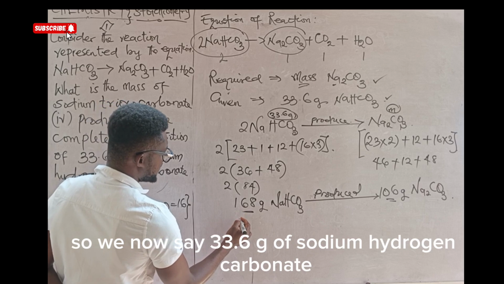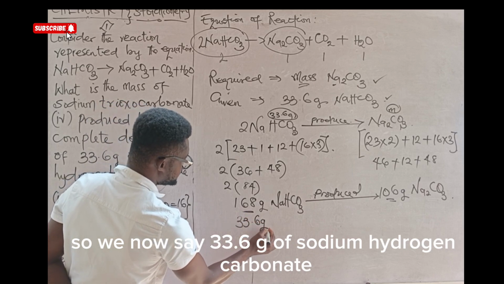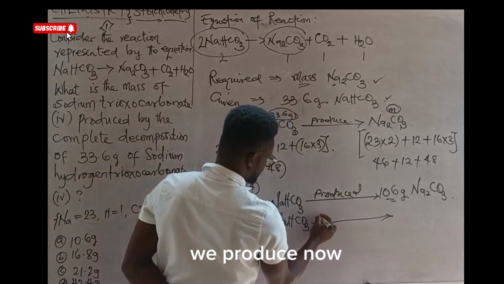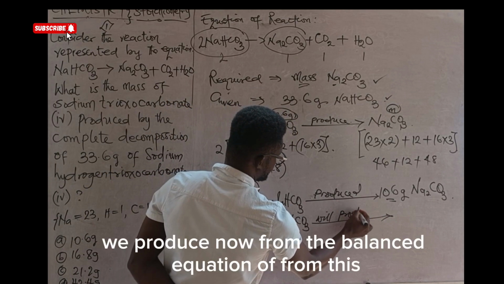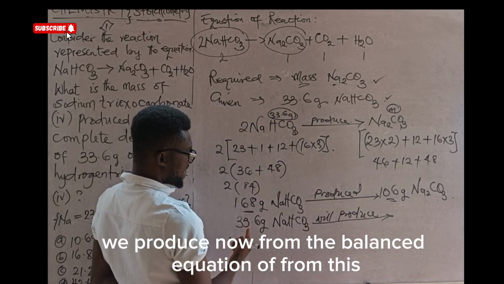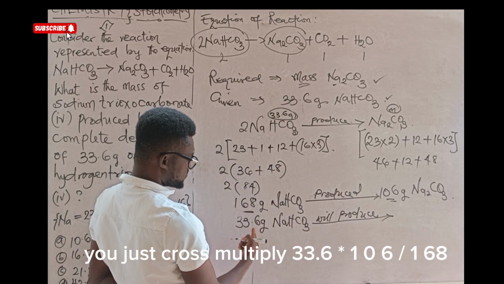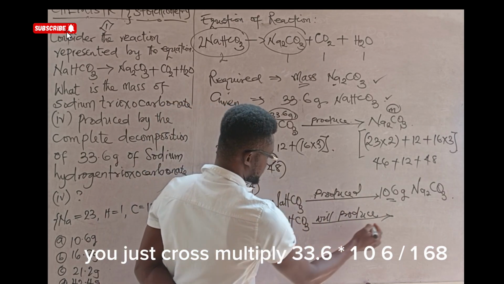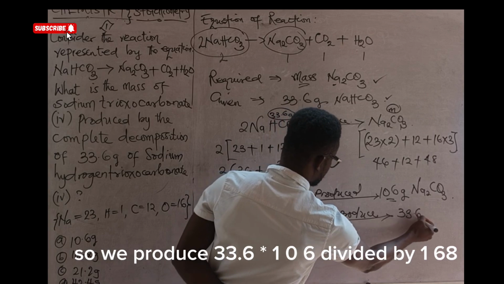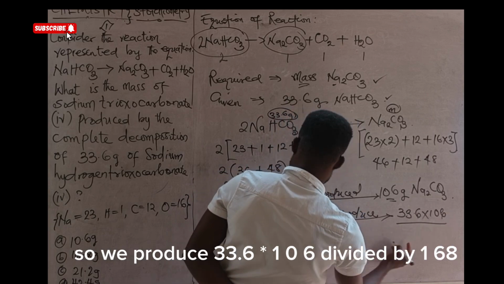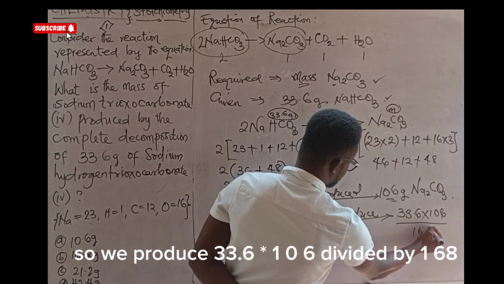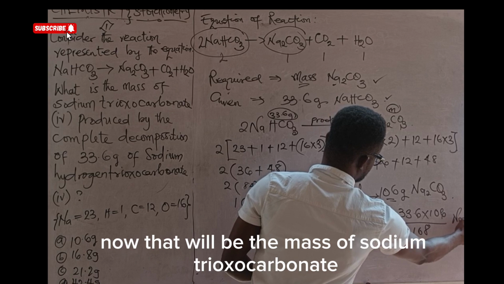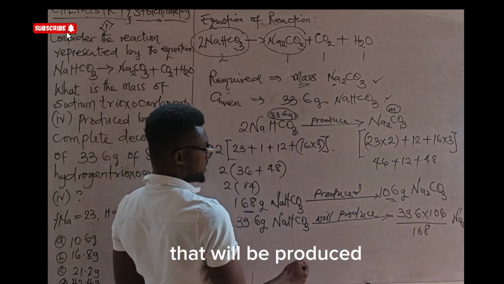So we now say 33.6 grams of sodium hydrogen carbonate will produce, from the balanced equation, you just cross multiply: 33.6 times 106 divided by 168. Now that will be the mass of sodium carbonate that will be produced.